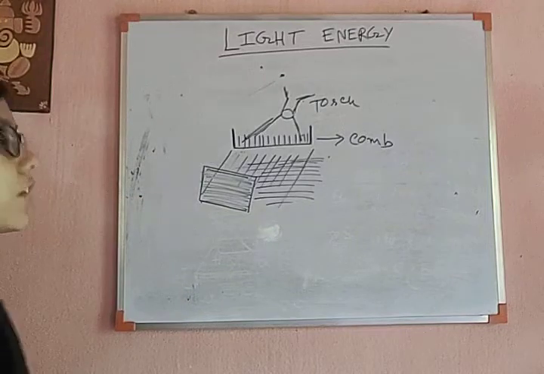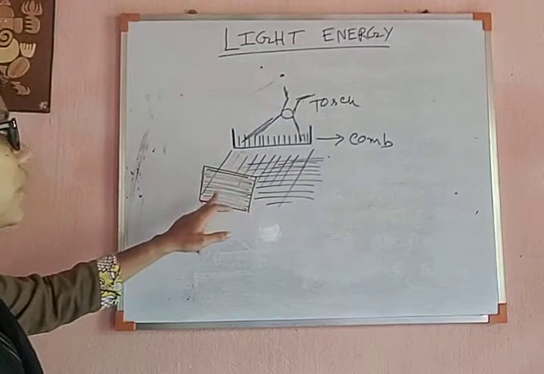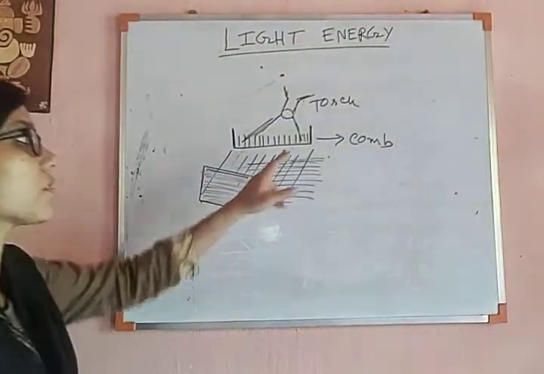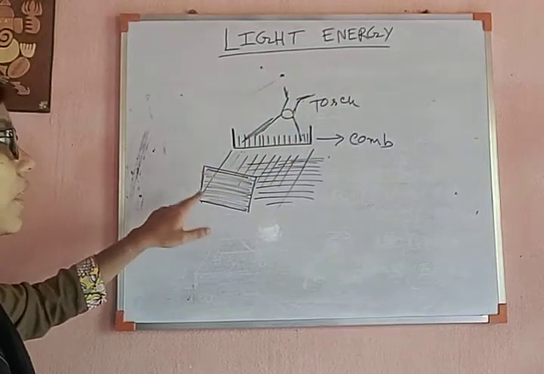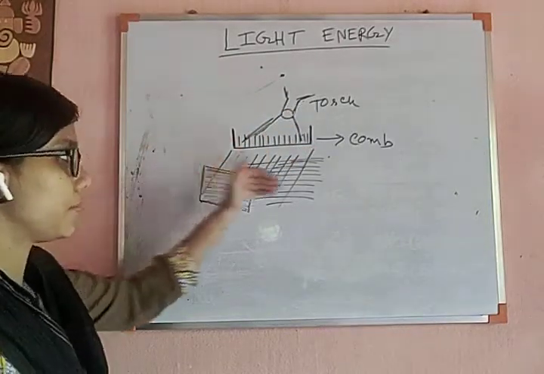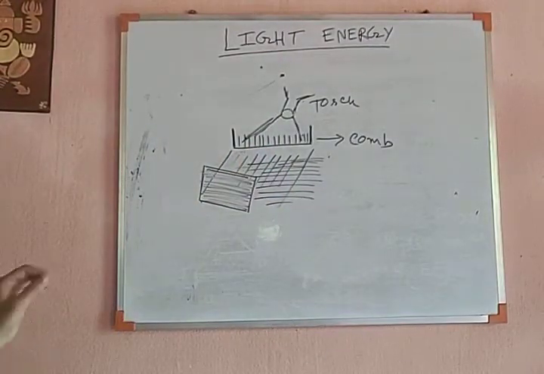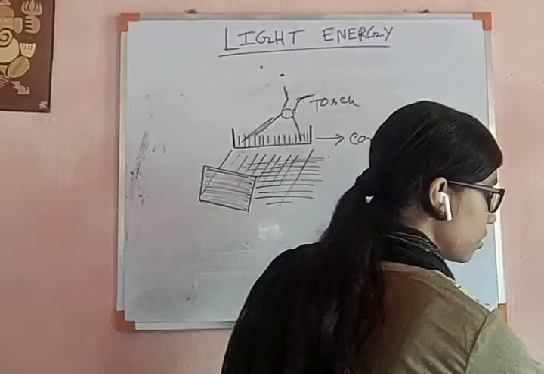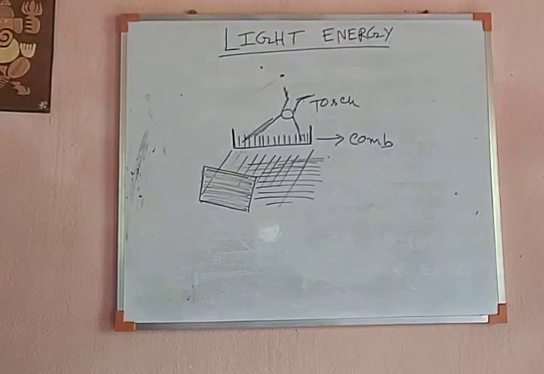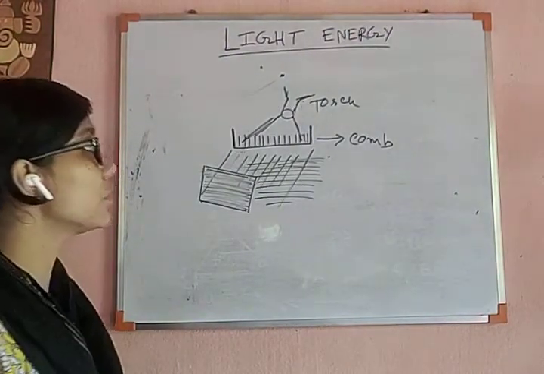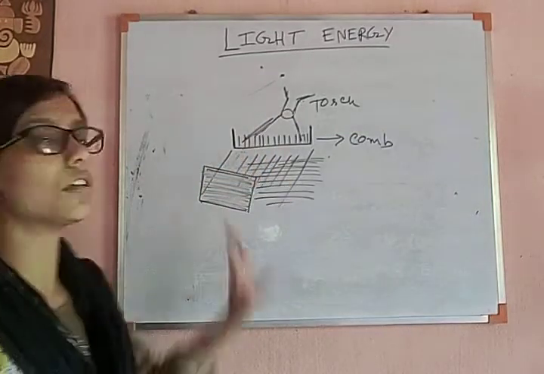Because of the reflection of the mirror. The torchlight is reflected in the mirror, and that is why it produces another kind of shadows of the comb. So this is the experiment where we can prove that a plane mirror has the reflection property of light, producing two kinds of shadows of a single comb.